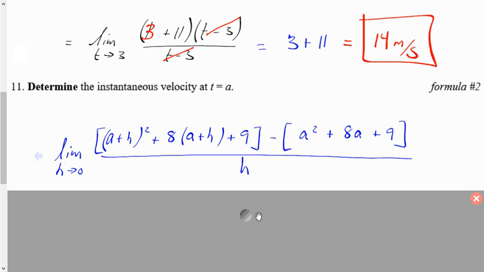Remember that this formula said I was looking for the limit as h approaches 0 of s of a plus h minus s of a, all over h. So that's what the formula would look like using the position function. Here it's substituted in. So that was my time squared, 8 times the time, plus 9: a squared, 8a, and plus the 9.